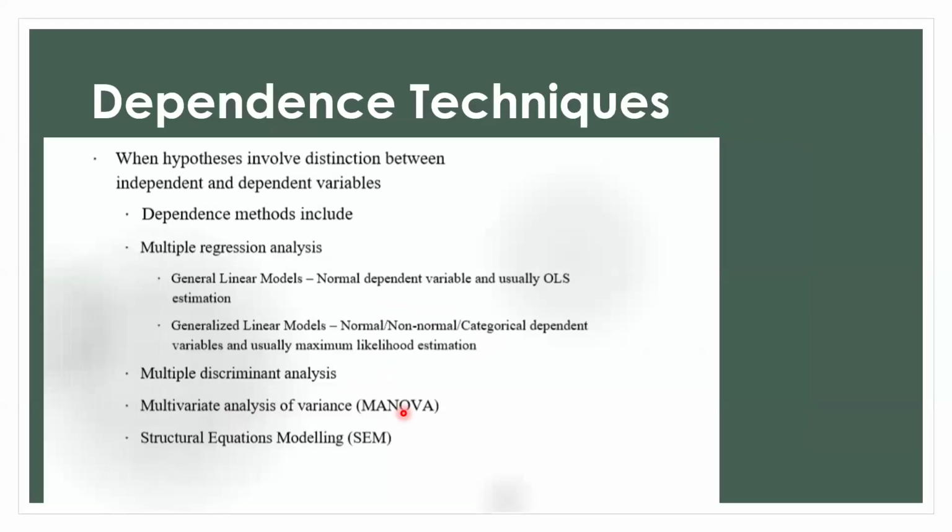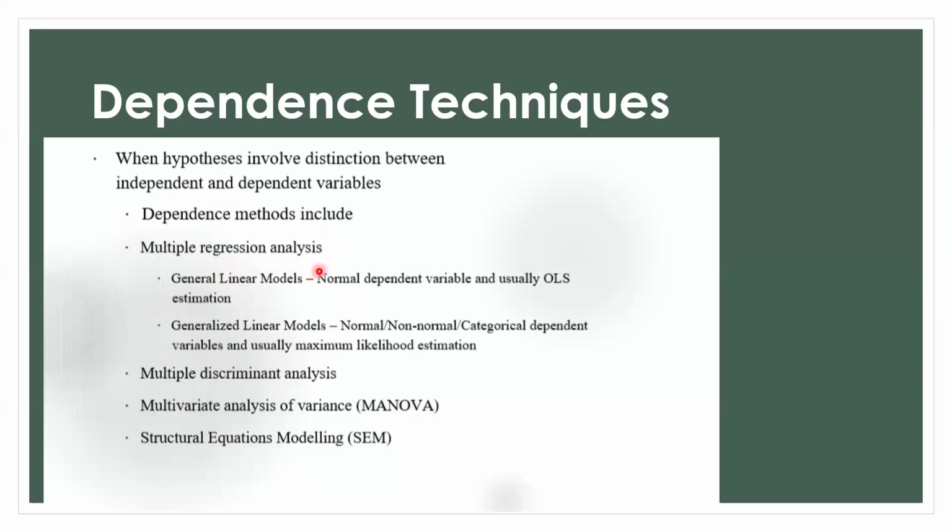And when the dependence methods are our choice, they should have two distinct variables, independent and dependent. Under the dependence method, we will be performing multiple regression analysis. There, of course, there are a number of options.